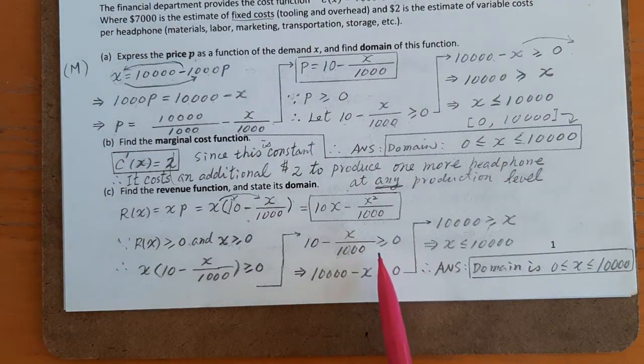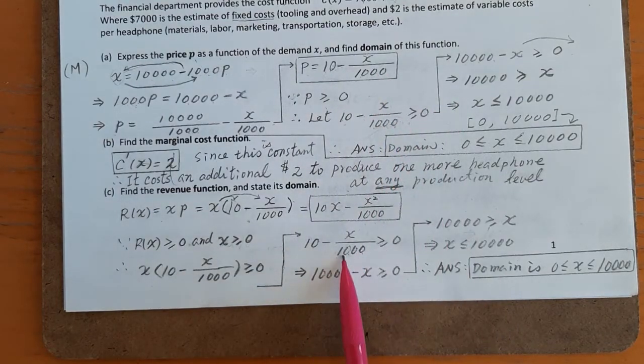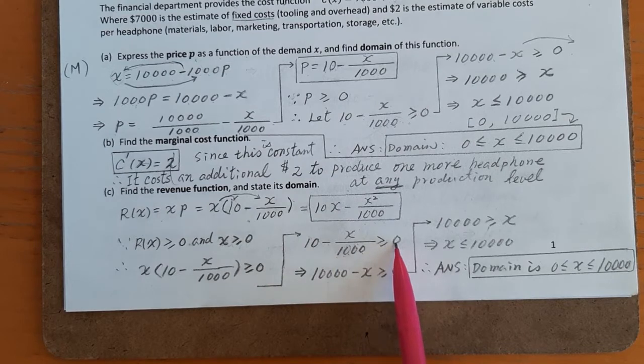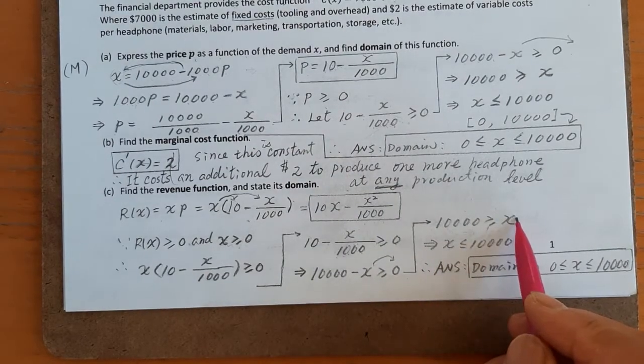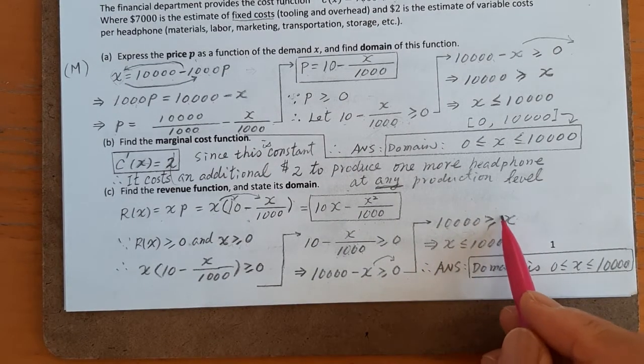And solve for x the same way as before. Multiply by 1,000, so you get 10,000 minus x, the 1,000 cancels, greater than or equal to 0 times 1,000, which is 0. Move x over, change the sign, and get x on the right side. So 10,000 is greater than or equal to x.